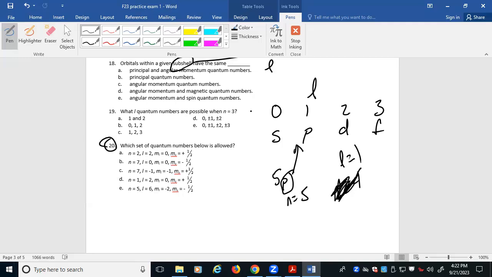So they're going to have the same value of n and the same value of L. So that would be answer A, principal and angular momentum quantum number. The only way they would have the same magnetic quantum number is if those 2 electrons were in the same orbital. But that's not what it asks. It asks about if I have the same subshell.